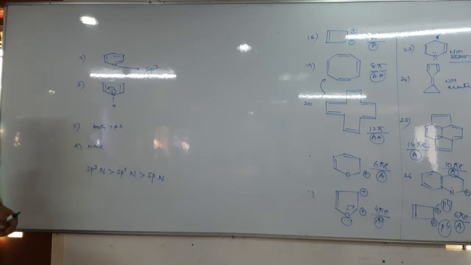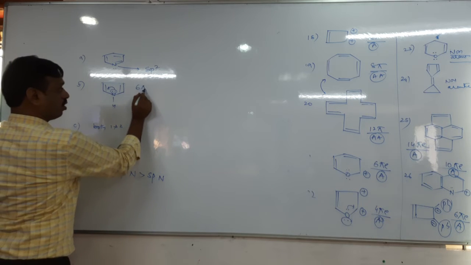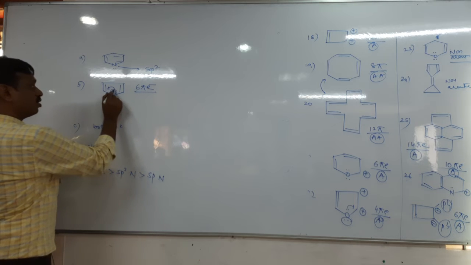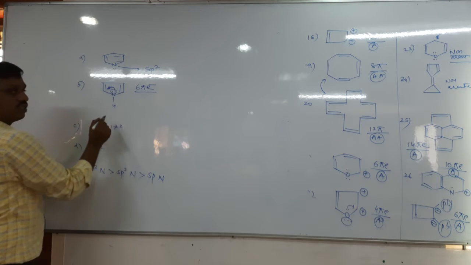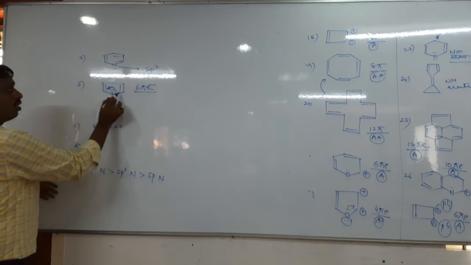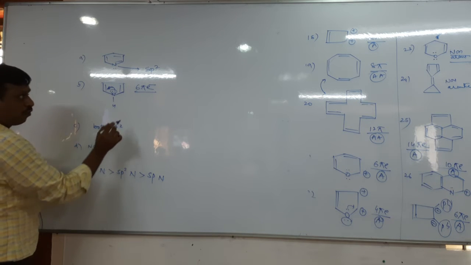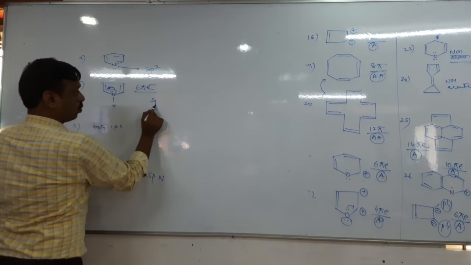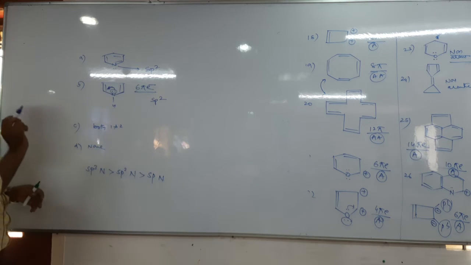It has to be, otherwise the molecule does not exist, because 6 pi electron. To get 6 pi electron, these electrons are involved in resonance. Then how many sigma bonds? 1, 2, 3. So what is the hybridization? sp2. It means both nitrogens have sp2.